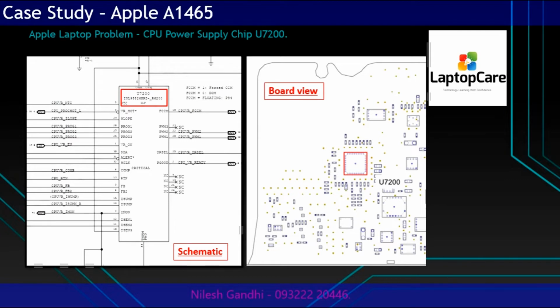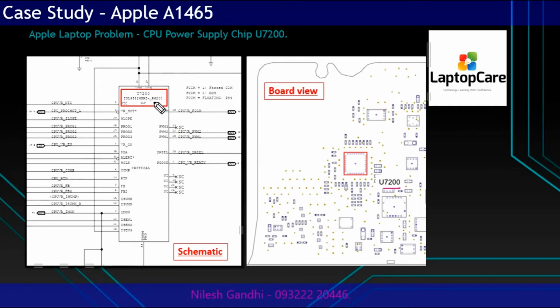On the schematic we found the CPU power management IC with its location U7200, as shown, and it was ISL95826HRZ. This CPU power management IC has a signal to enable the CPU core voltage.